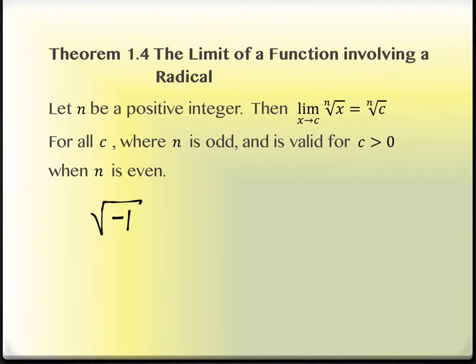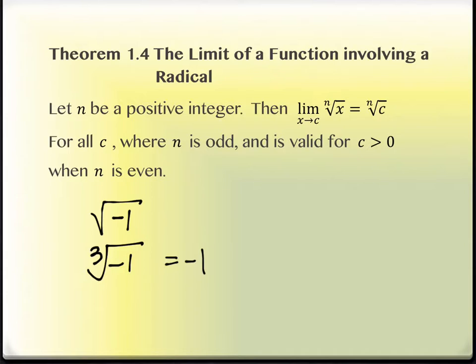Now, if you have an odd radical, then it's perfectly fine for the radicand, the value underneath, to be negative. What is the cube root of -1? It's -1, yeah. The thing about odds is that when I multiply something together an odd number of times, it can still be negative, right? -1 times -1 times -1 is still -1.